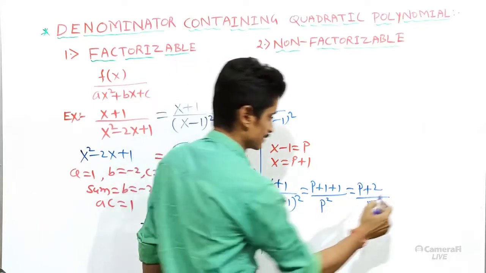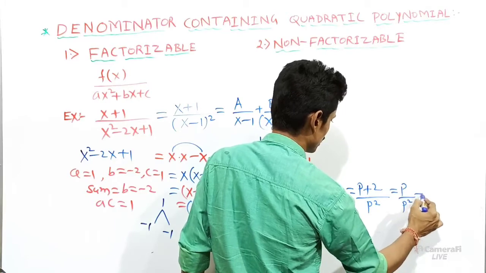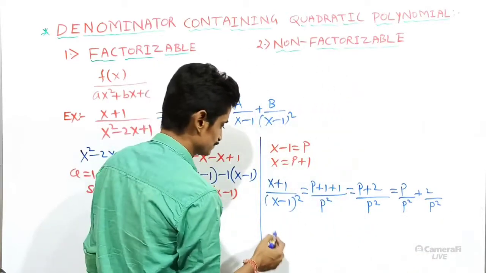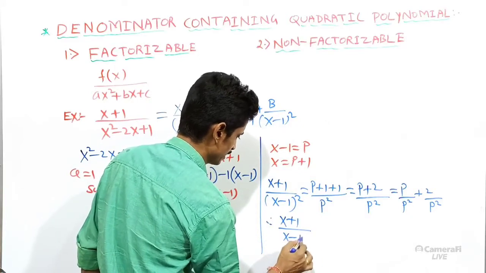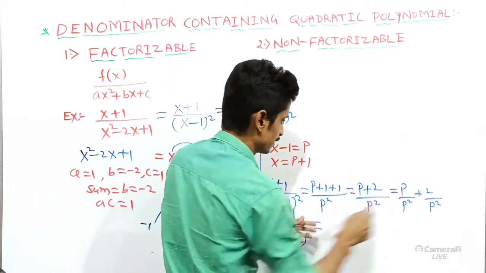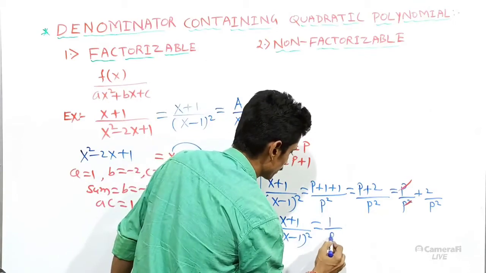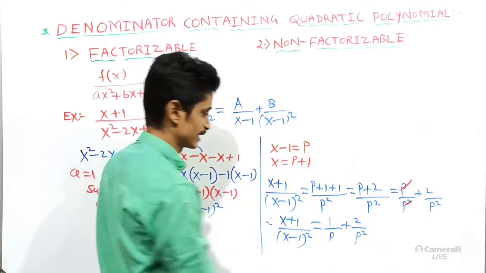Now you separate it, that is p divided by p square plus 2 divided by p square. Hence x plus 1 upon (x minus 1) whole square equal to, p and p will cancel, just 1 remains upon p, and as it is 2 upon p square.